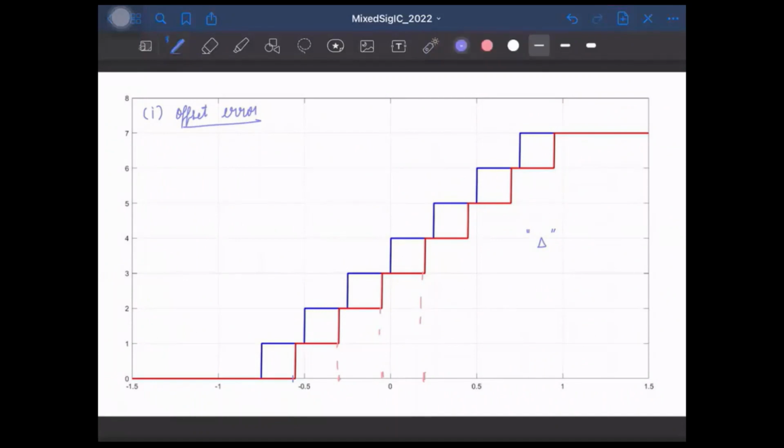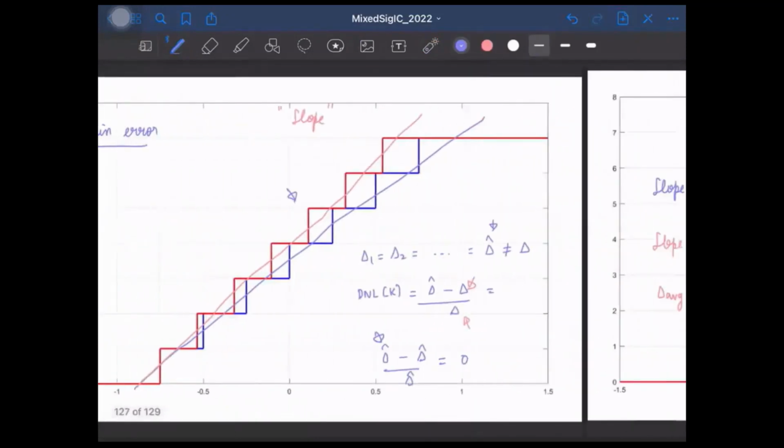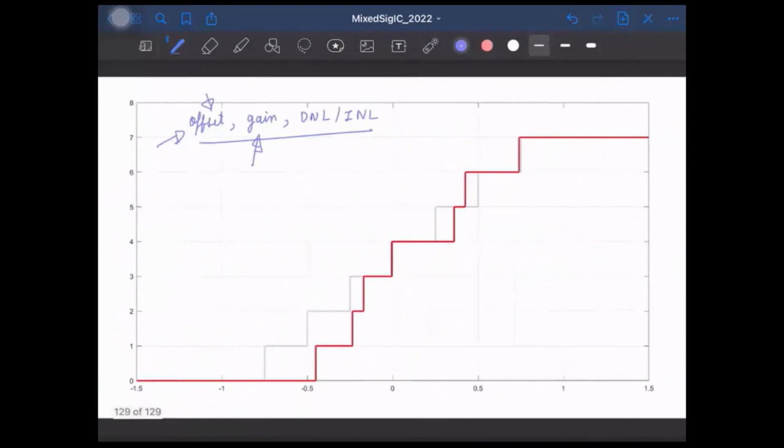So here if you try to find the INL as it is, what you will do is that, well, I will say for this code, the ideal transition voltage is this, but the actual transition voltage is this, right? So I will say this as my INL, and that's not completely correct, right? So what we have to do is that we need to correct for both the offset and the gain errors before you compute the DNL and INL in practice.